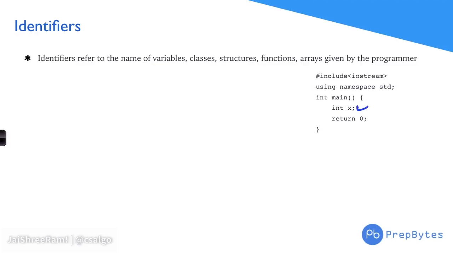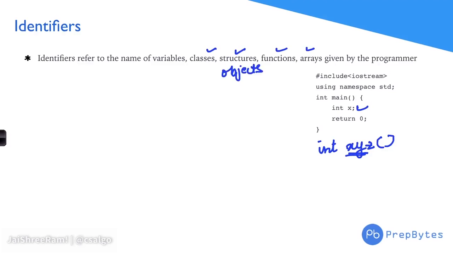If you have a function, it would be something like int xyz. So this xyz is an identifier. As you go ahead, you will declare structures, functions, arrays, classes, and objects. When you are giving names to them, you will understand that this is an identifier.